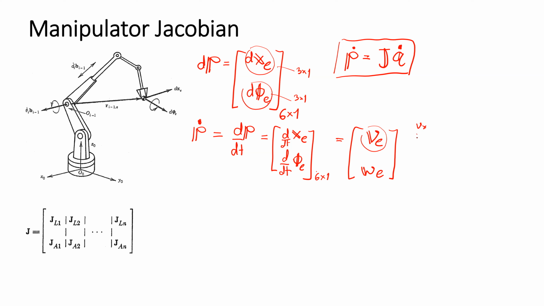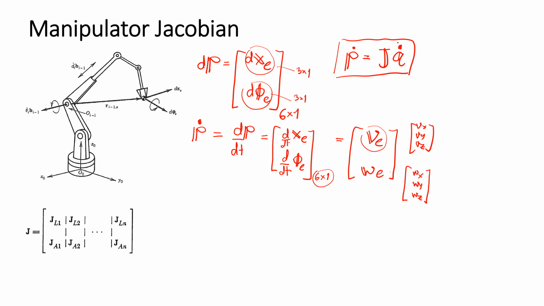We have Vx, Vy, Vz, and the omega, we also have the omega of the endpoint about the x-axis, about the y, and about the z-axis. And the total dimension of the vector is 6x1.